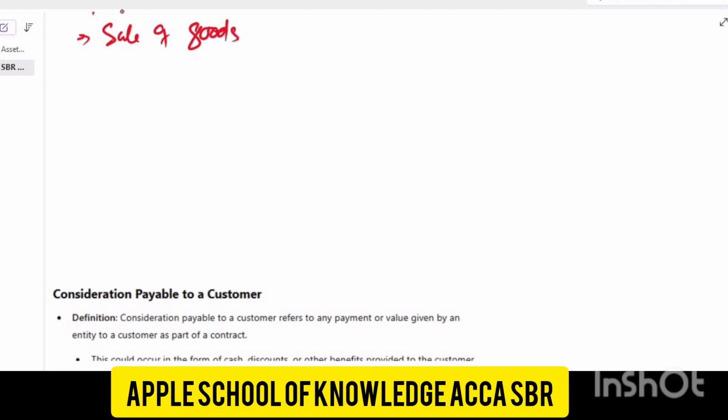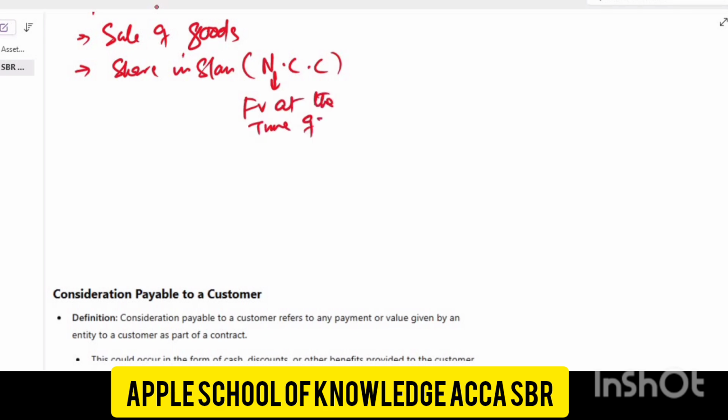Then there is non-cash consideration, because the consideration received by Dan is non-cash, that is shares in Stan. So this means non-cash consideration. Clear? Now the non-cash consideration should be measured at fair value at the time of transfer.